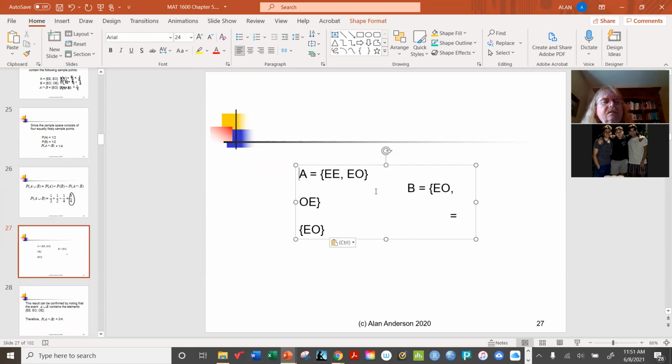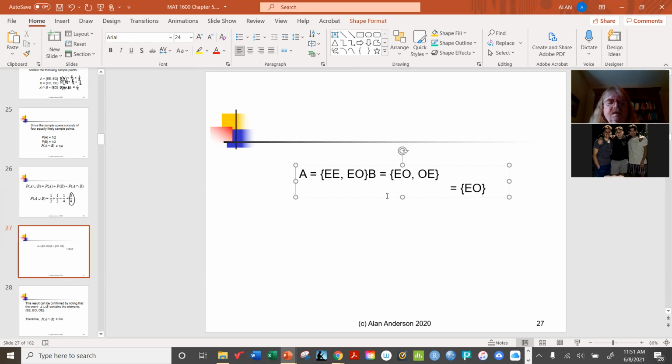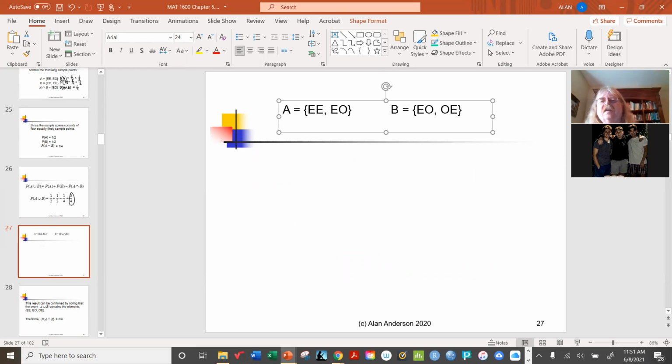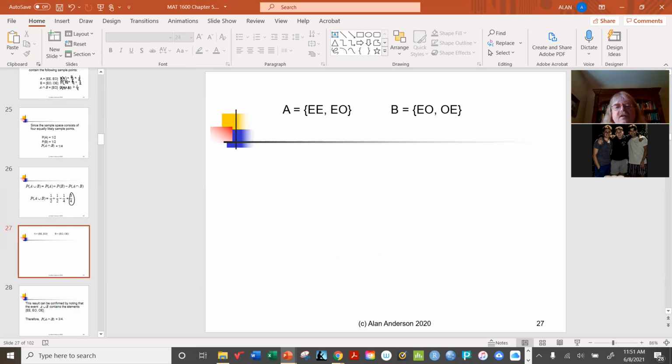We could have just said the following. Look, what's the union of A and B? We could create a new set that contains all the elements that are in either A or B, or possibly both.